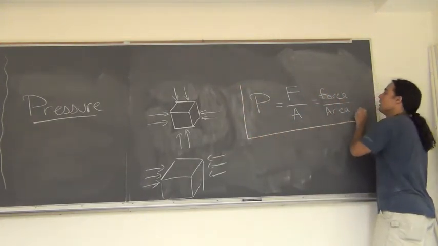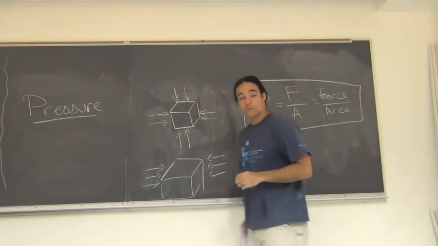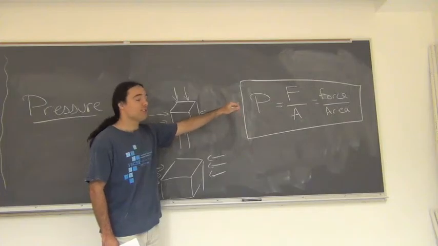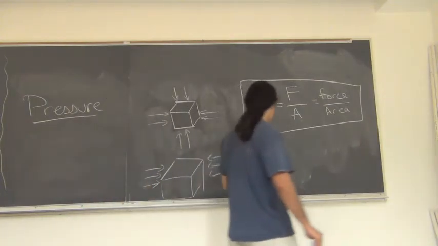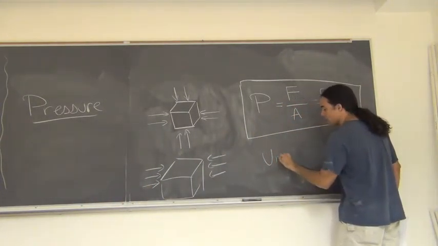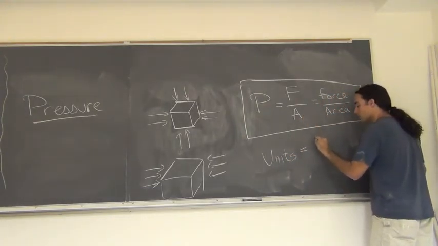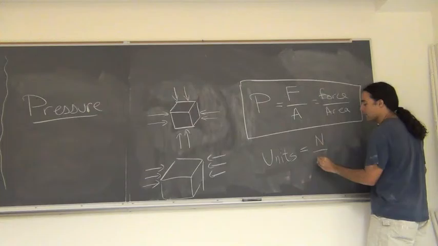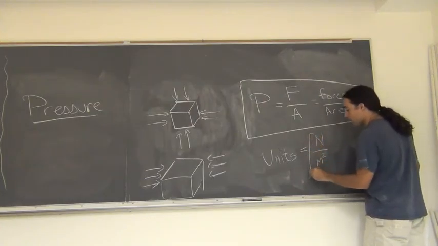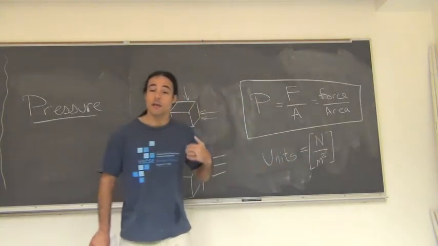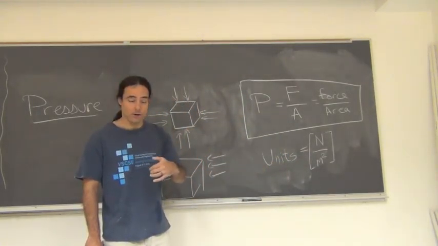Now, the units of pressure, since it's just force over area: force is in newtons, area is in meters squared. So the units are just going to be newtons per meter squared.